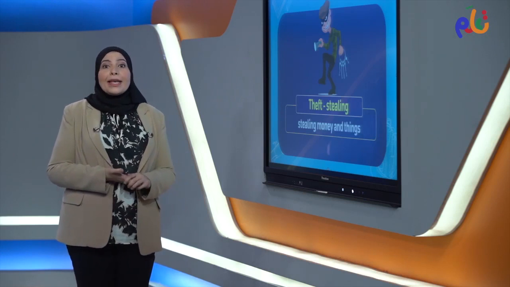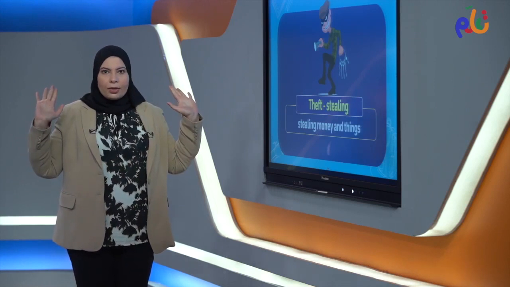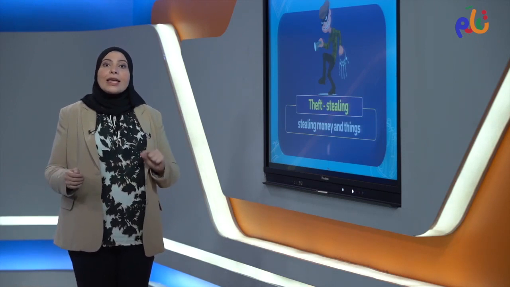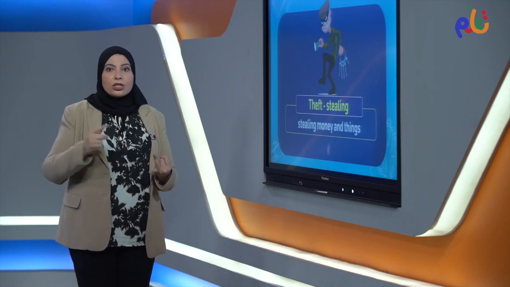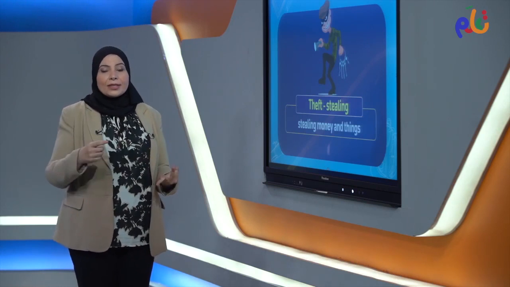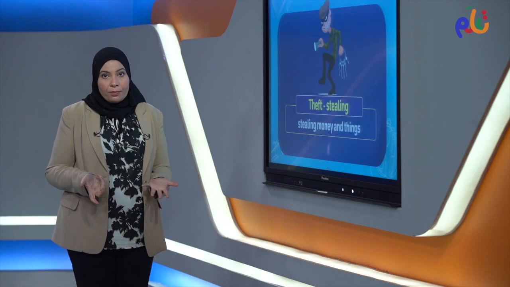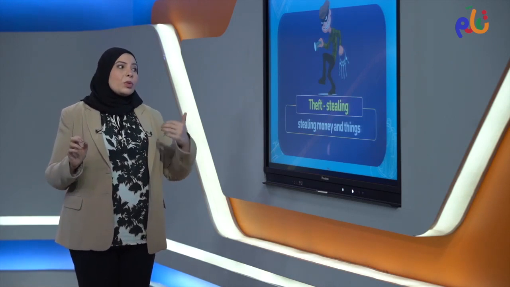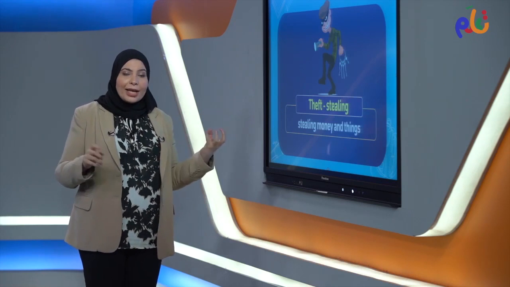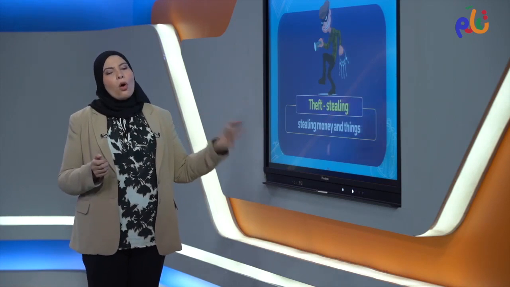Actually, when I say my car is stolen, this means no car. Somebody took the car and went. But when I say my car is robbed, I do have the car, but maybe somebody took the air conditioner, the cassette, something out of the car. So this is the difference between rob and steal, and the difference between the two crimes, robbery and theft or stealing.